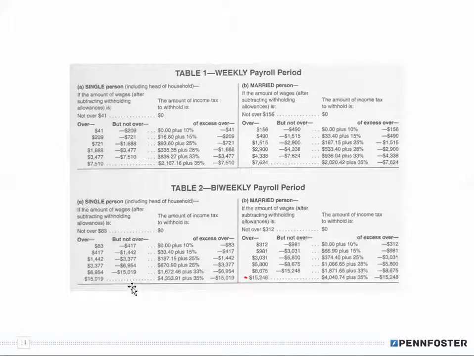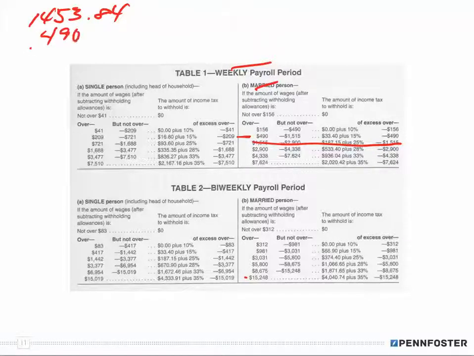Now we come over to the chart, $1,453.84. We look at our chart. It's over 490. It isn't over 1515, so we're going to use this line right here because this is married weekly, right? And since it's over 490, we deduct the 490, and we end up with 963.84.